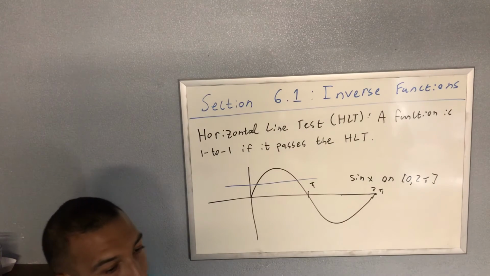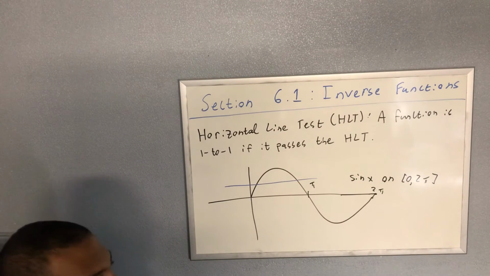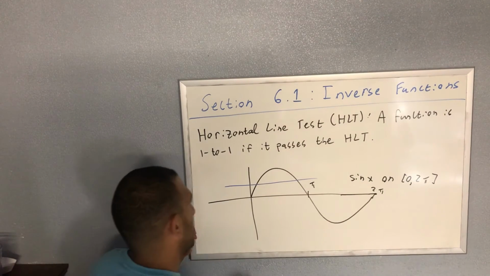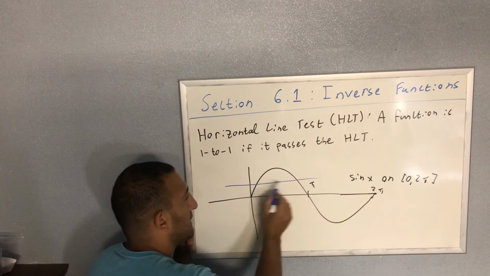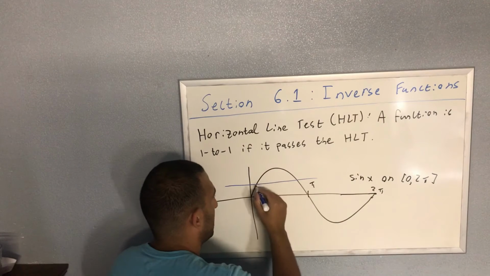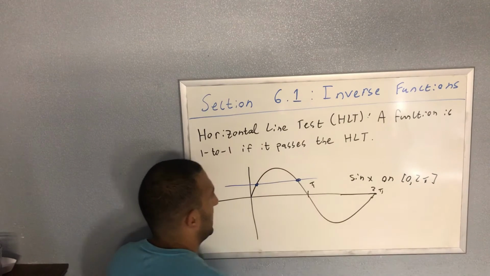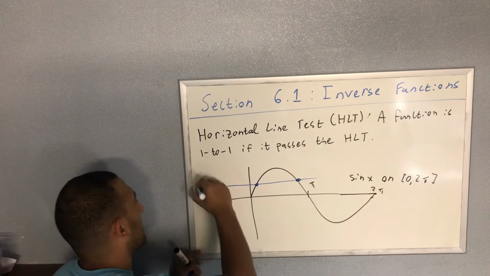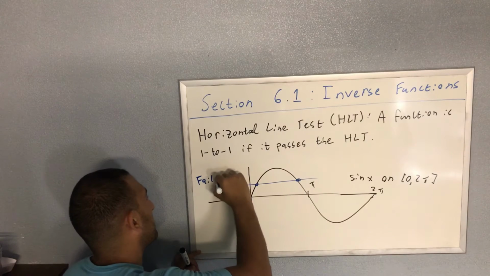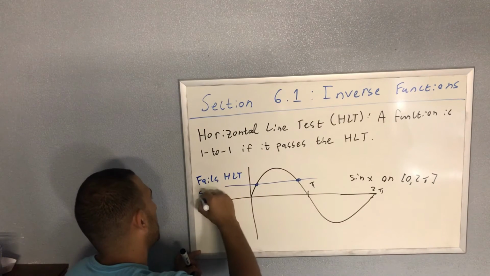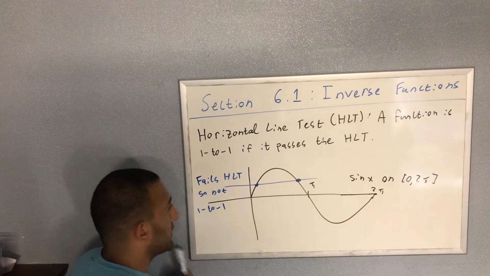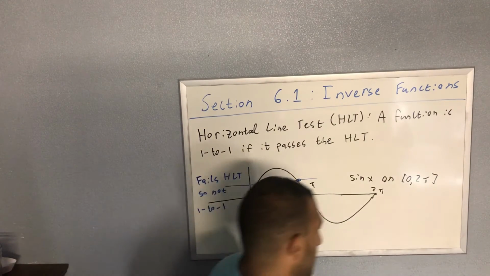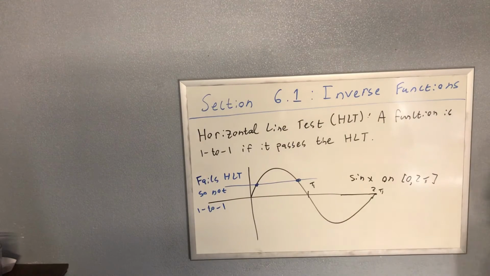If it fails for just one point, then it's over. So if we can find just one horizontal line that touches the function twice, which it does, this thing fails the horizontal line test. So on the domain 0 to 2 pi, sine x is not one-to-one.